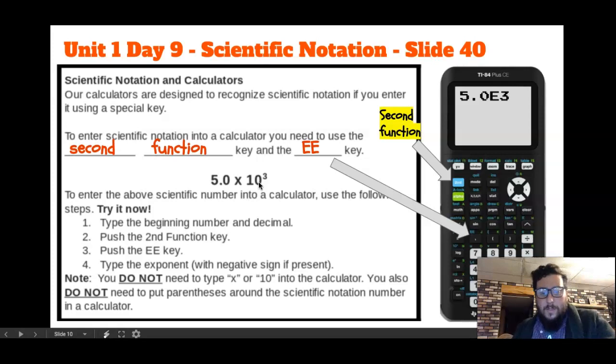Notice that you don't have to type times or the 10 or use the exponent key or anything like that. All you need is that beginning digit, the E takes the place of times and 10, and then you have your exponent there. So that's how we're going to put numbers in scientific notation into our calculator. All right?